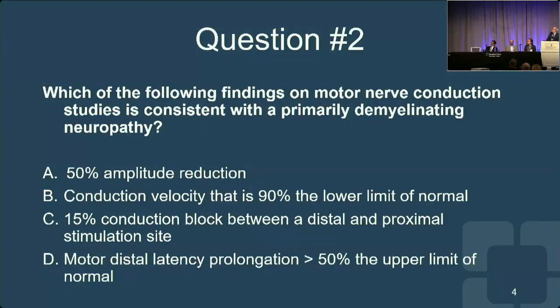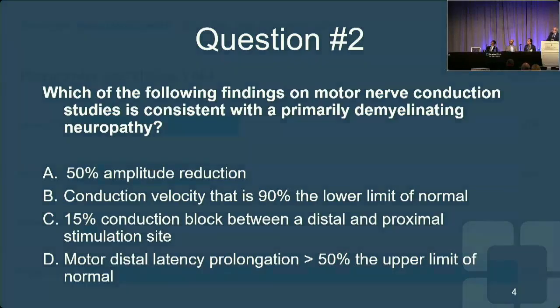Question number 2, which of the findings on motor nerve conduction studies is consistent with a primary demyelinating neuropathy? A, 50% amplitude reduction; B, conduction velocity that is 90% of the lower limit of normal; C, a 15% conduction block between distal and proximal sites; D, motor distal latency prolongation greater than 50% of the upper limit of normal.